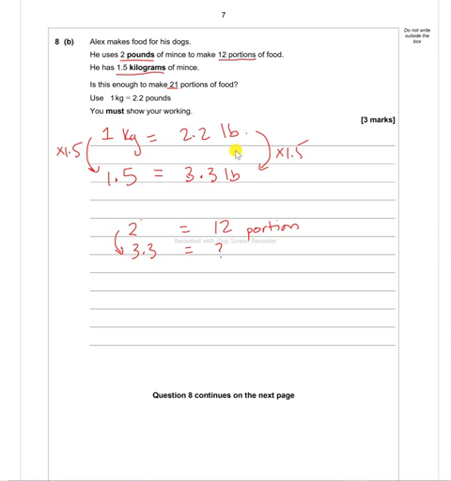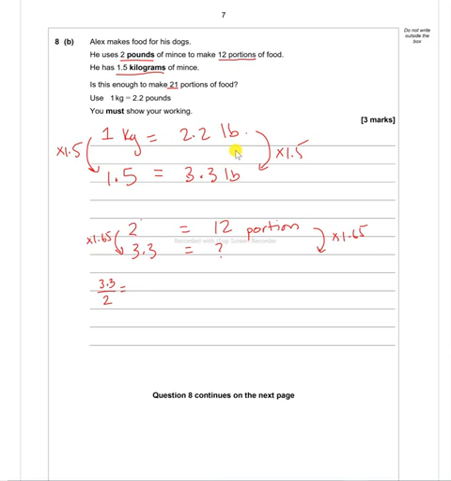What do I need to multiply 2 by to get 3.3? Or I can do 3.3 divided by 2, which is 1.65. So I multiplied this by 1.65, so I'm expecting this to be 1.65 times bigger as well. You can do it this way. There's not only one way of doing it.